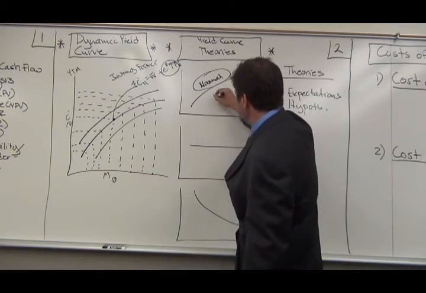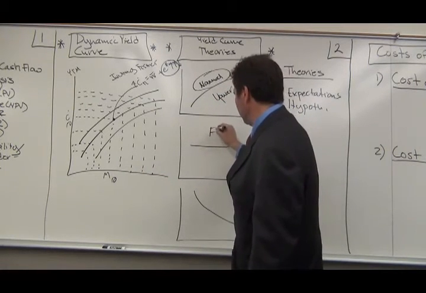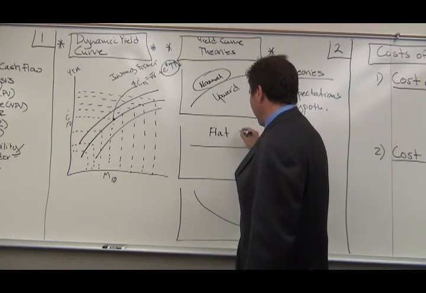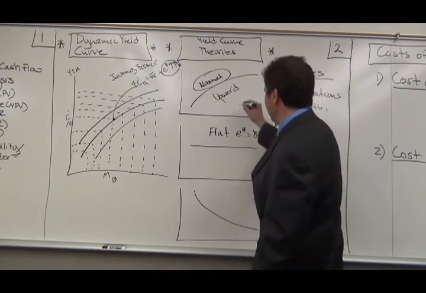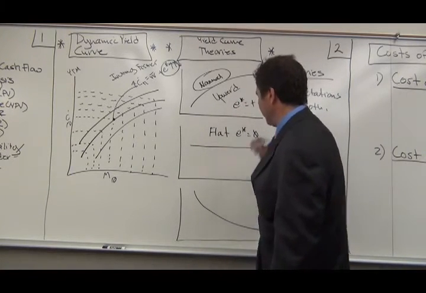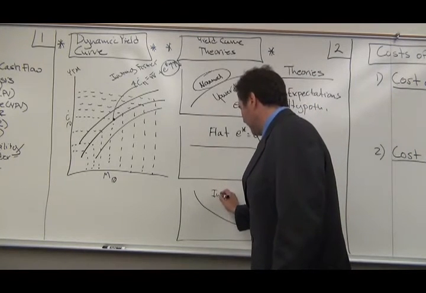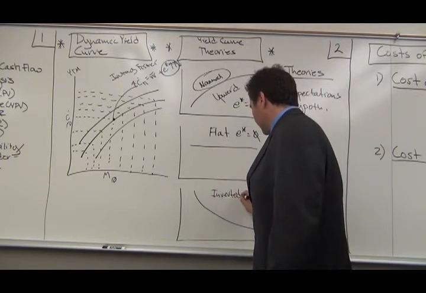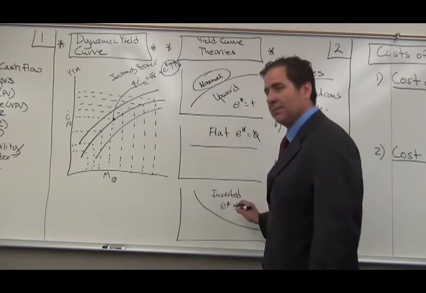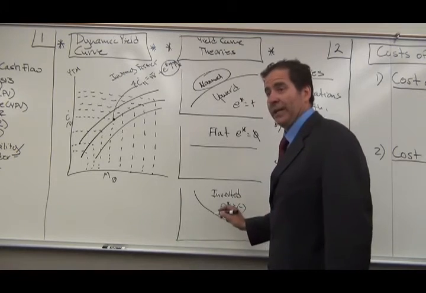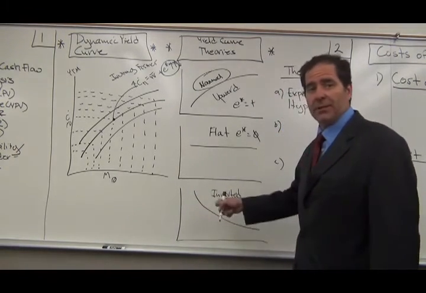So normal, upward sloping; flat, with zero inflation expectations. In this case, it's going to be positive. And then in this case down here, it's inverted, and the inflation expectations are declining or negative, depending on the severity of the potential recession.